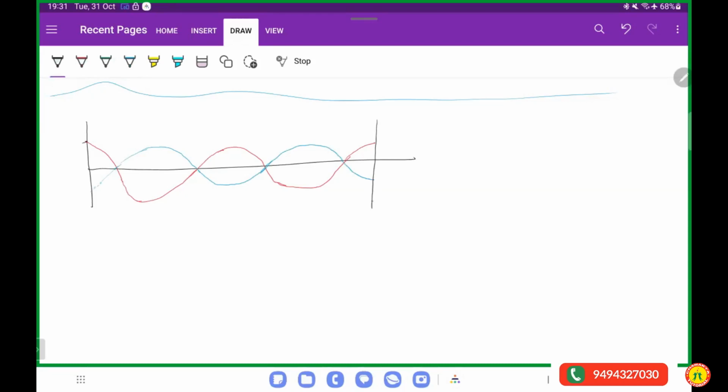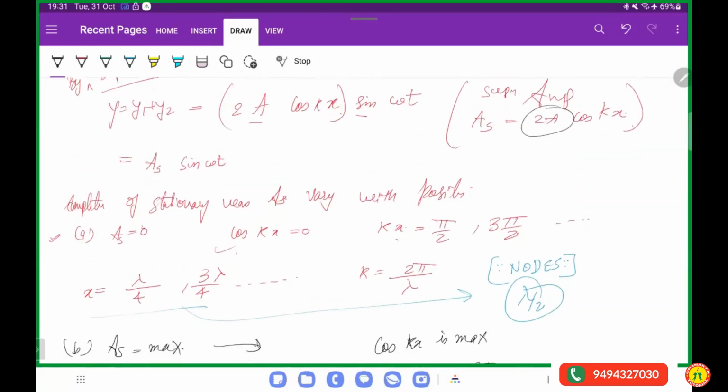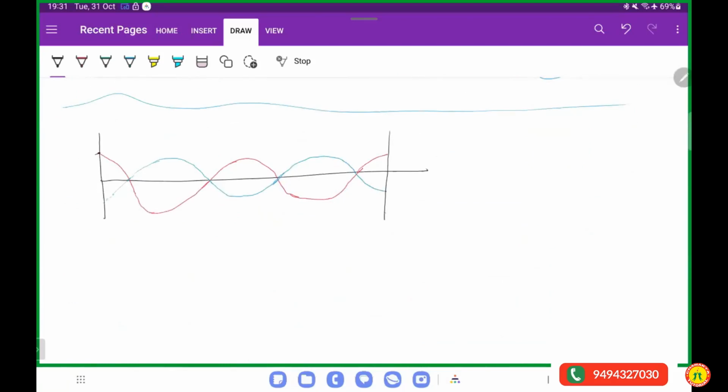So this is your amplitude, 2A. So this will be 0. This is your x-axis. This is your antinode. This is segment 1.